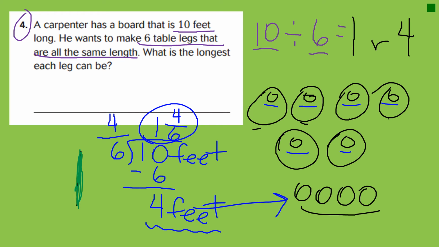So I want that 4 that are left over to be in 6 equal parts. Okay? I know it's kind of weird, isn't it? So the longest that each table leg can be is 1 and 4/6 feet.